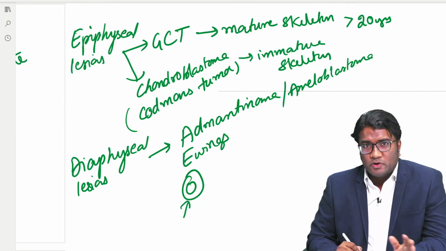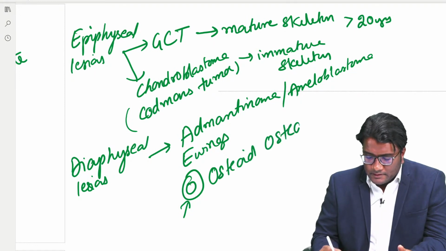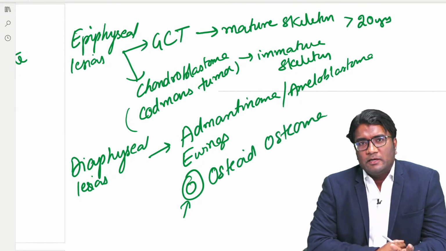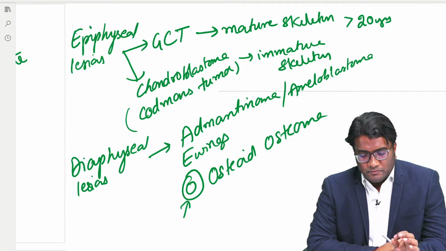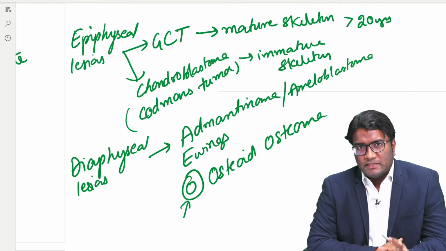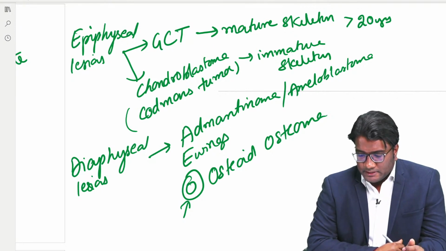It is not osteochondroma, it is not osteoclastoma, this is osteoid osteoma. And anything else you tell me, whether it is osteosarcoma, enchondroma, simple bone cyst, aneurysmal bone cyst, anything else will be what? Metaphyseal. So GCT and chondroblastoma are epiphysis, AEO are diaphysis, and everything else you better write as metaphyseal lesion, right?